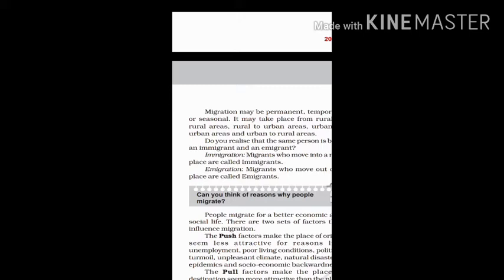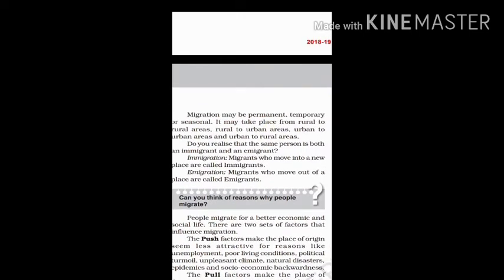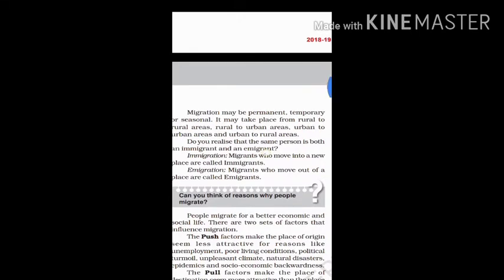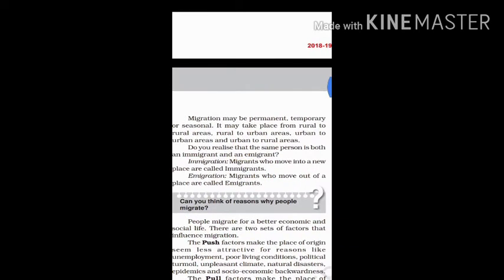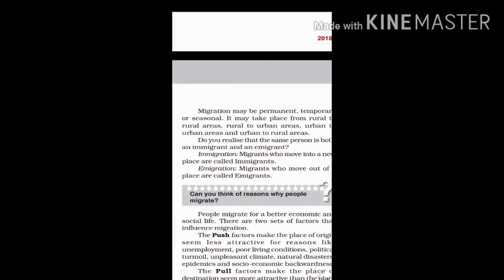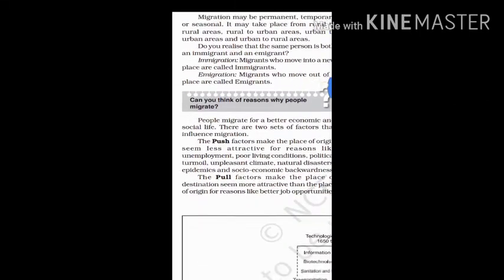So people move from rural areas to urban areas in search of job opportunities, education facilities, better livelihood, etc. And people move from urban to urban areas because in some urban areas so many people come that it is crowded, so many people go to other urban areas to live a better livelihood. So this is it.